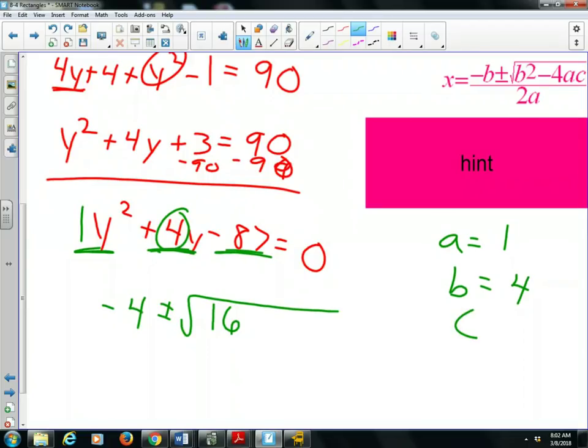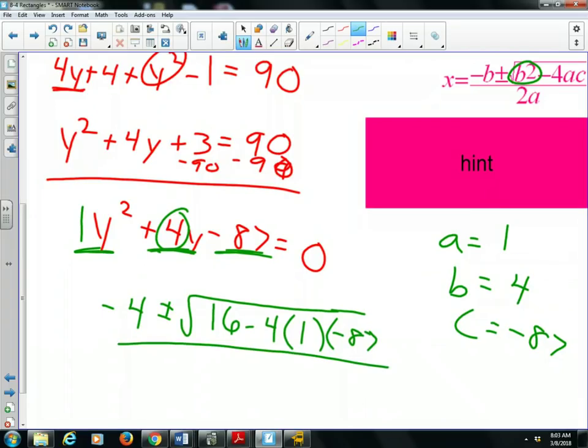And c is our constant term, negative 87. So we have negative b, negative 4, plus or minus the square root of b squared, 4 squared, which is 16, minus 4 times a, which is 1, times c, which is negative 87, all over 2 times a. And 2 times 1 is 2.